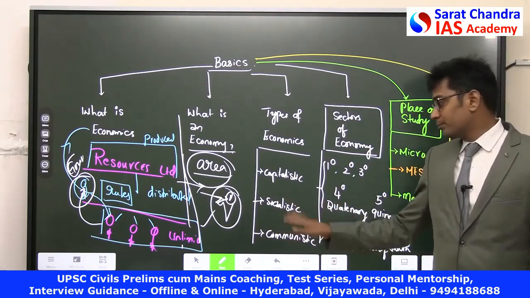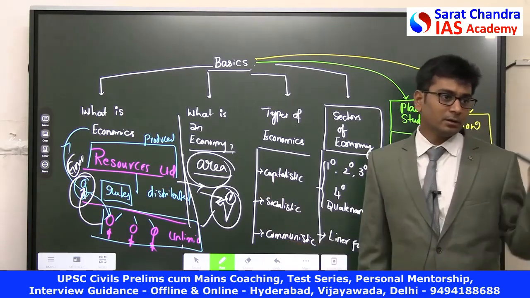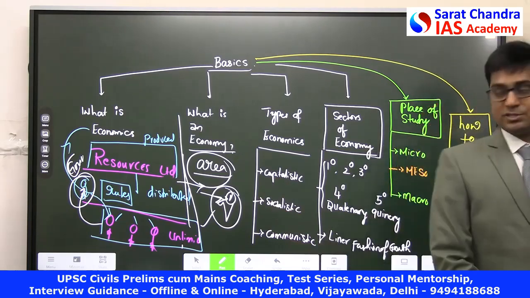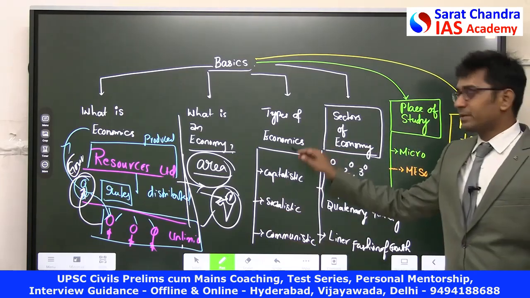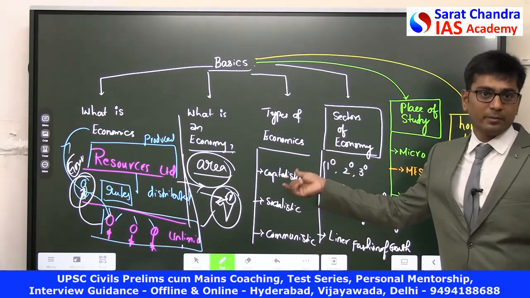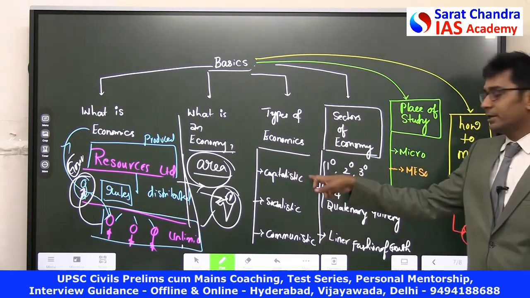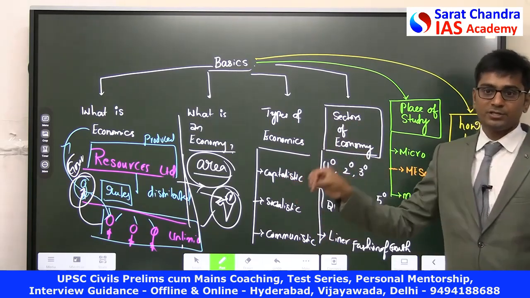Socialistic, together, this is the medium path. Communistic, entirely by the government. For example, now this is called capitalistic economics. Economics means rules. This rule says that the entire thing has to be controlled by the private players, the production and distribution.